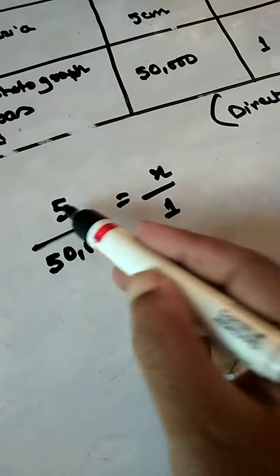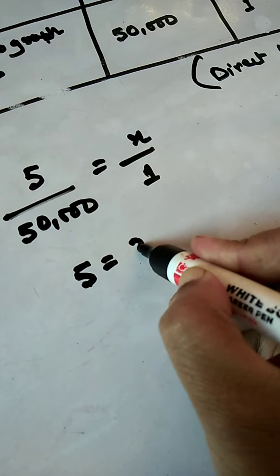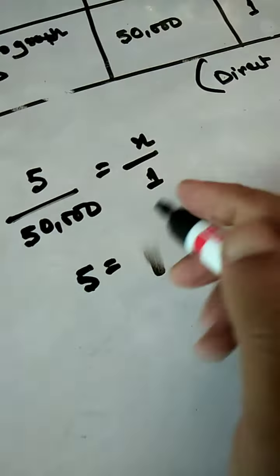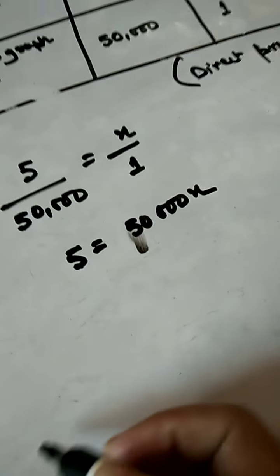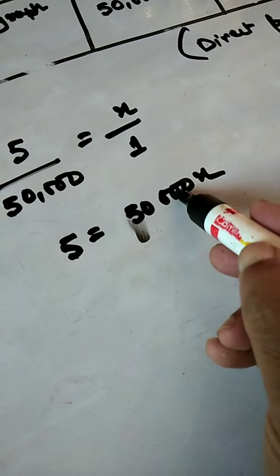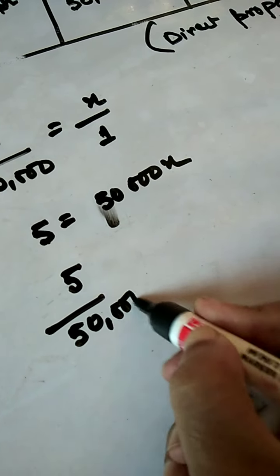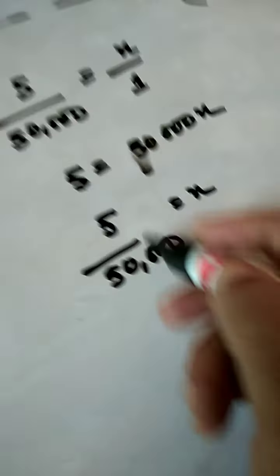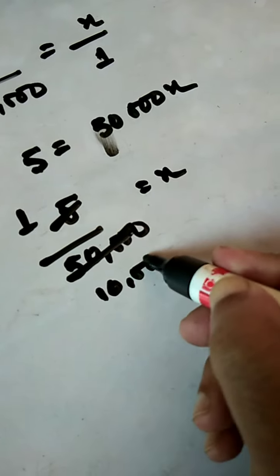Now how to do this? Cross multiplication. 5 into 1 is 5, equals 50,000 x. Now how to get the value of x? x is 5 upon 50,000. Now we have to reduce it. 5 ones are 5, 5 10,000s are 50,000.